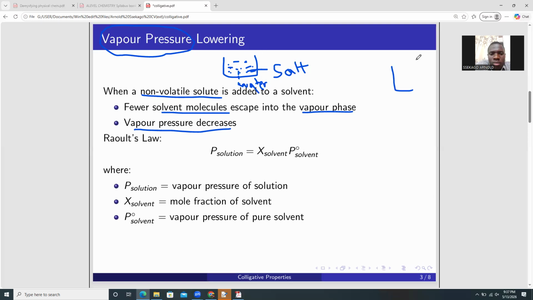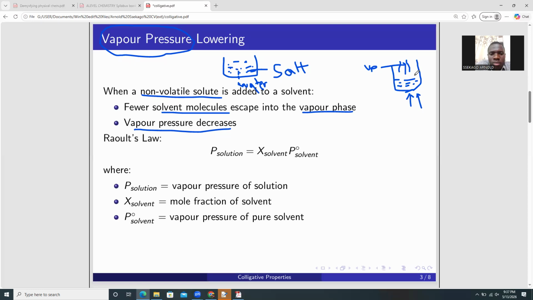If you have a reservoir here and it has water, and you heat this water, there's vapor that comes off from the surface of this water. Now this vapor, which I am abbreviating as VP, exerts pressure onto the water surface. That is vapor pressure, the pressure exerted by vapor.